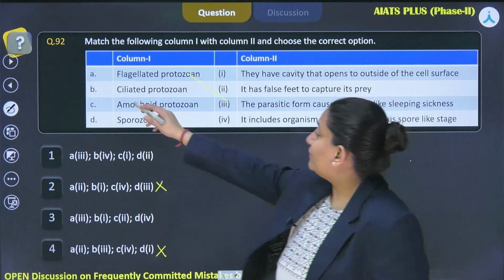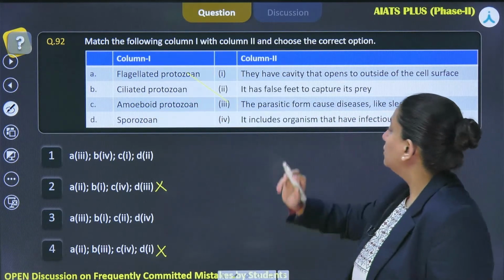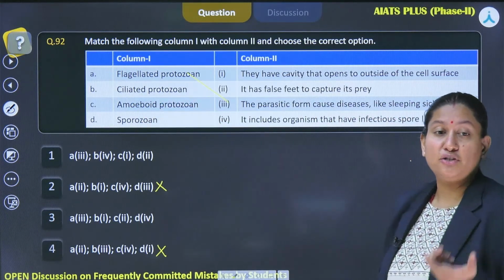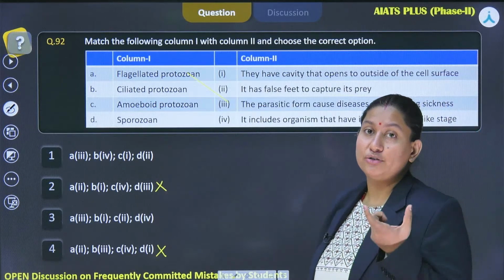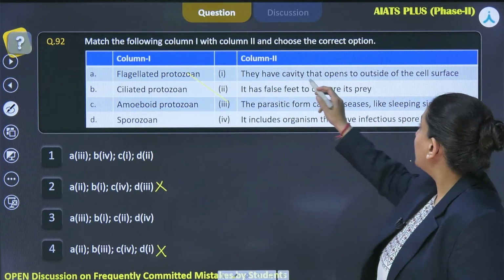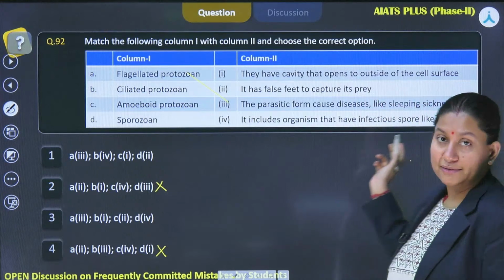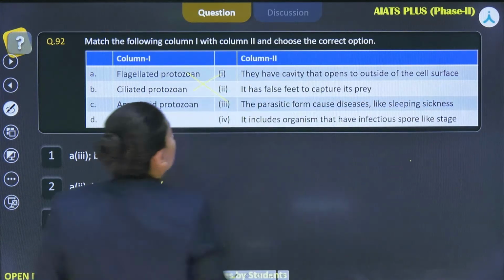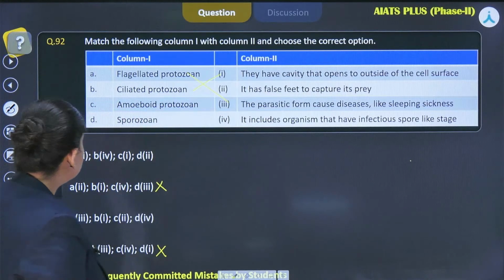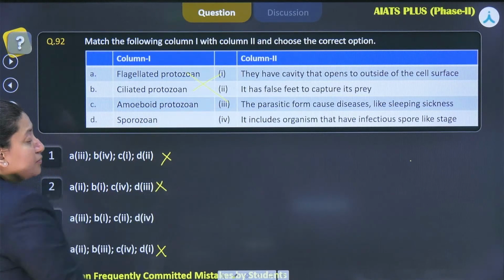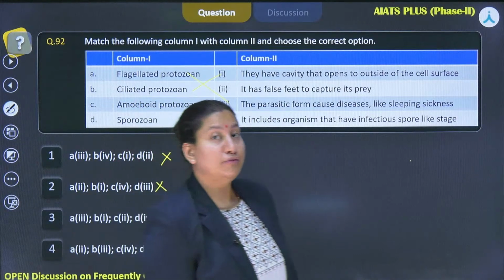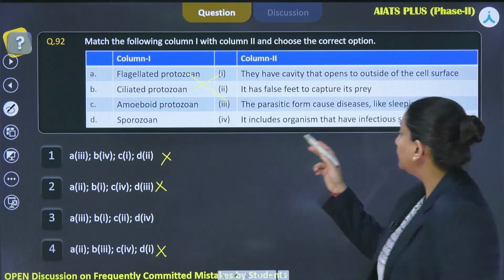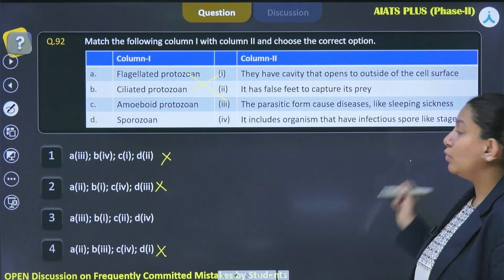Now, the B is saying ciliated protozoan. So, as I have told you that they have a specialized cavity within their body that's known as gullet. So, they have the cavity that opens to the outside of the cell surface. So, they are referring towards the gullet. So, B matches with 1 over here. Right? Based on that, we could rule out option number 1, which is matching B with 4. Right? 4 is saying that it includes organisms that have infectious spore-like stage.